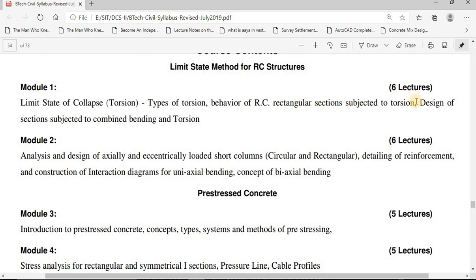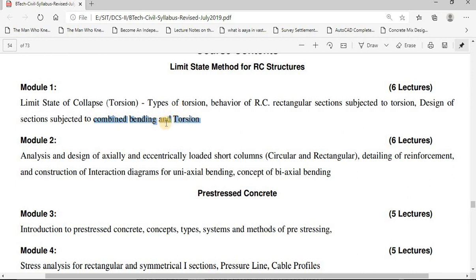Further, how to analyze that torsion and design of section subjected to combined bending and torsion. As we have studied the design of rectangular section or beam for bending previously in design of concrete structure 1, in this particular module we are going to study the design of a rectangular section subjected to combined bending and torsion.